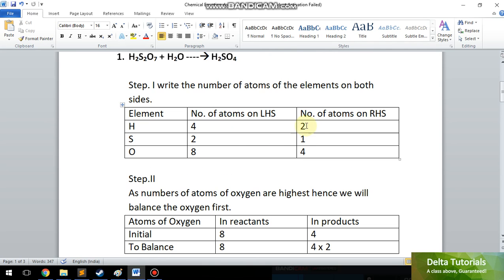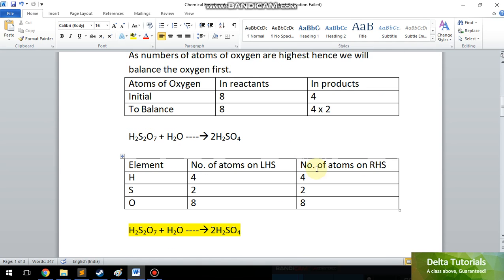Previously they were 2 on the product side, but now they are balanced. So this may happen many times. While balancing one element, other elements may also get balanced, or a balanced element may get unbalanced. Anything could happen. The same criteria we are going to follow each and every time. So while balancing oxygen, our hydrogen is also balanced.